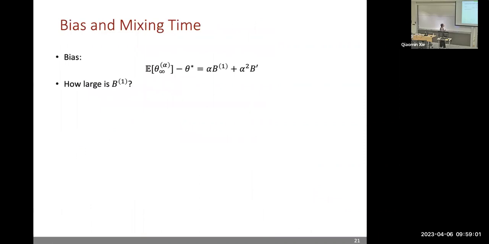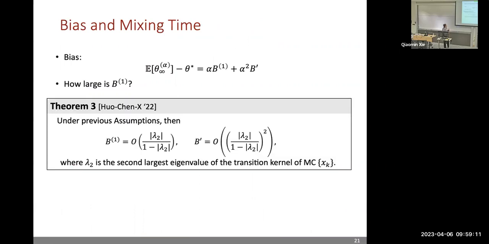And formally, we can analyze how the coefficients here depend on the mixing time of the Markov chain S_k that generates the data. In particular, under the same set of assumptions, we can show that the coefficient here, B1, will scale depending on the eigenvalue modulus in this particular way.